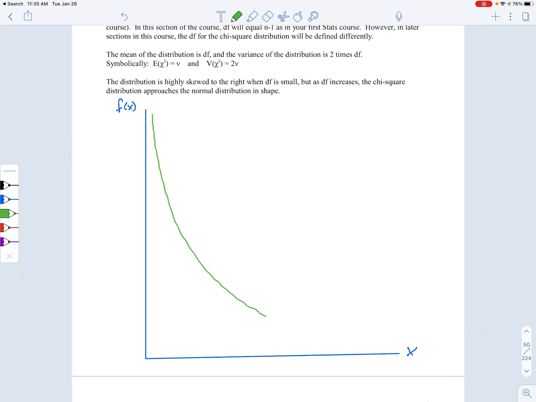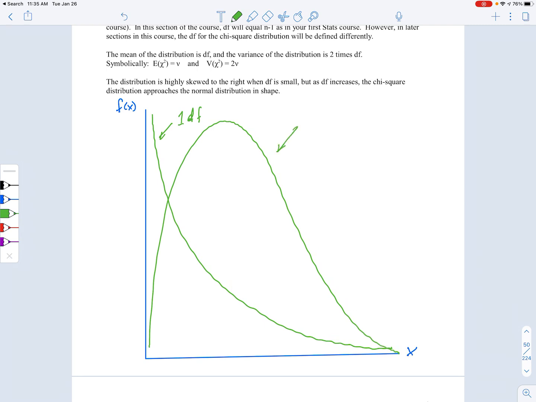So it actually looks like this. And this would be for 1 degree of freedom. This would be a distribution for, say, 4 degrees of freedom. So you can see that skewness there, skewed to the right.